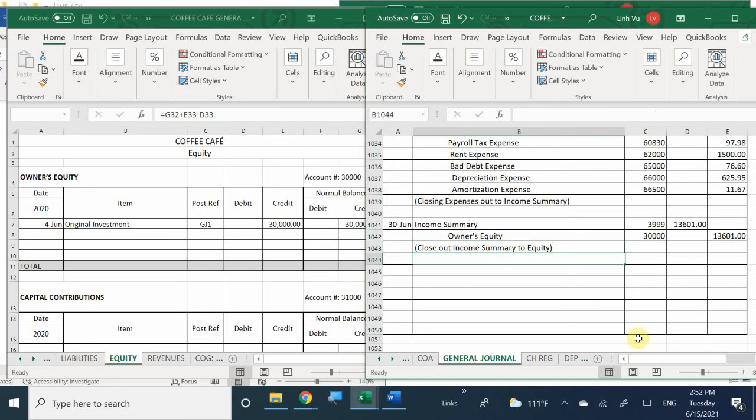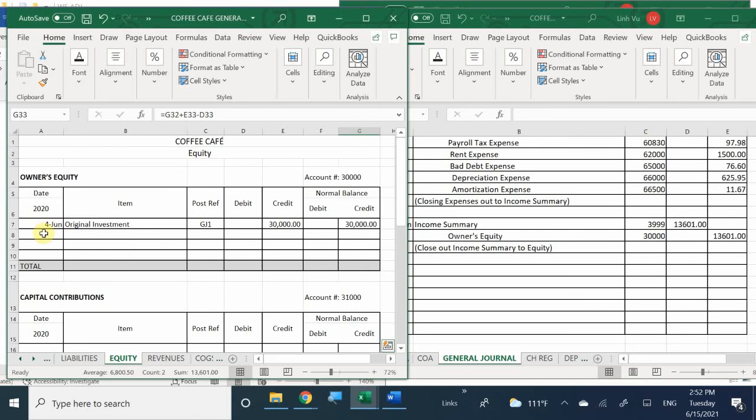Then I go to my owner's equity account and place in my income summary by 13,601.